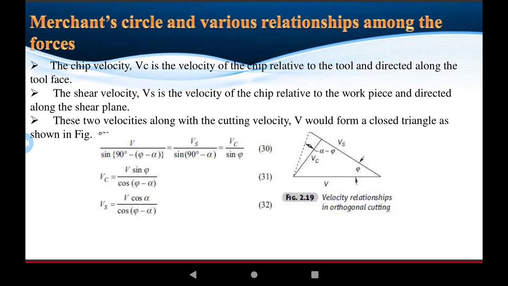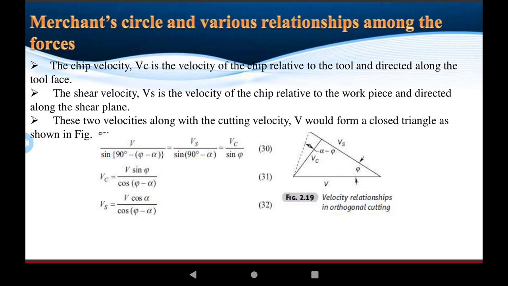In the Merchant circle there are various velocity relations. Vc is the velocity of the chip relative to the tool, directed along the tool face. The shear velocity Vs is the velocity of the chip relative to the workpiece, directed along the shear plane.